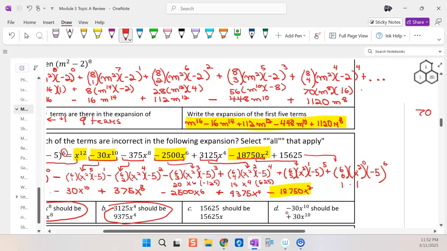And now negative 5 to the 6th, that's going to be positive 15,625. And that should be plus. And that's correct as well.